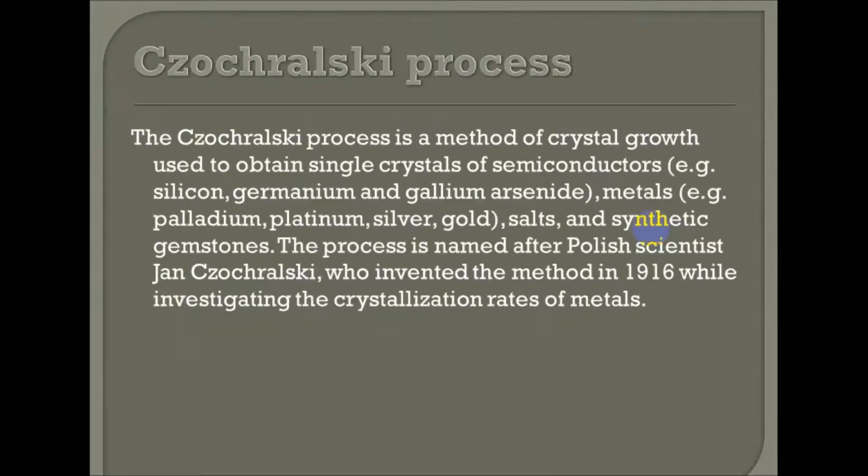The Czochralski process is the means to get a crystal of semiconductors such as silicon and germanium, and metals such as palladium, platinum, gold, and silver.